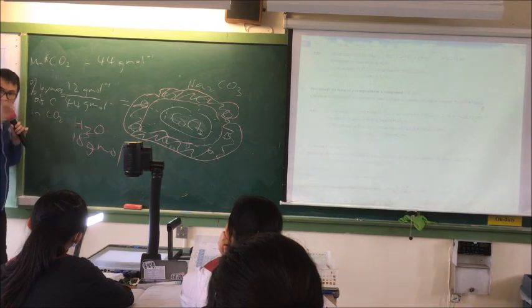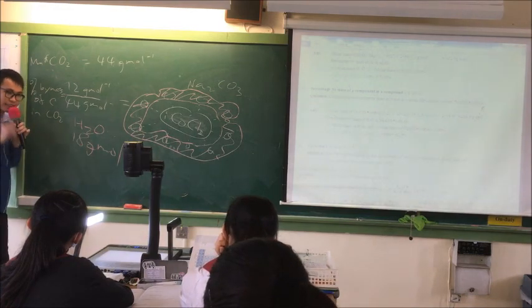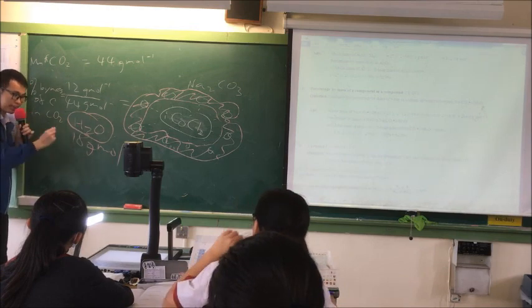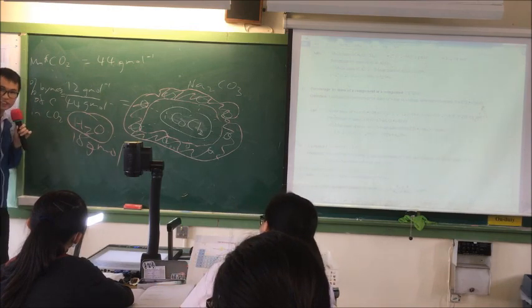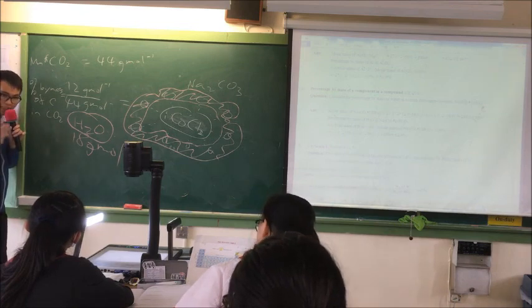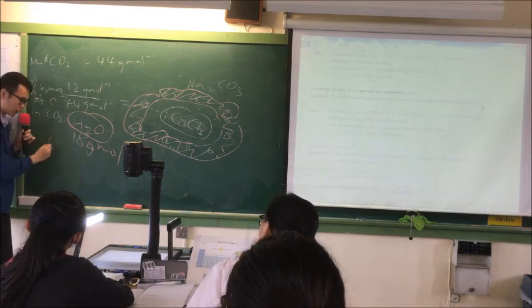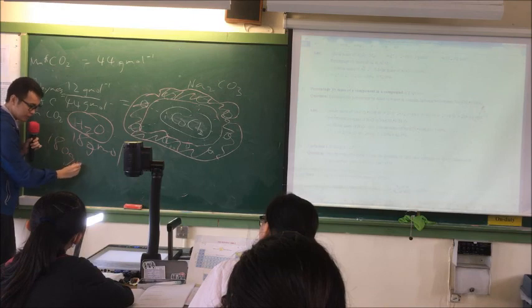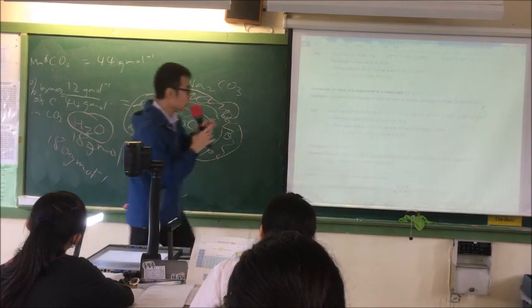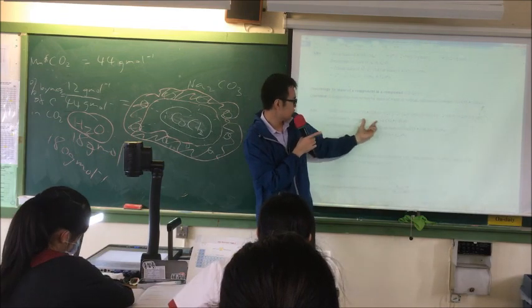Okay, because hydrogen is 1.0, oxygen 16.0. So 1 water molecule, 18 grams per mole. Understand, raise your hand. So 10 water molecules will be 180 grams per mole. Okay?